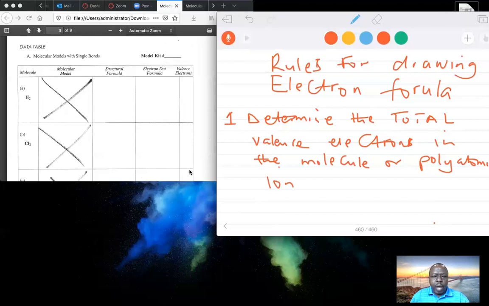Polyatomic ion is a group of atoms with an overall charge. So how are you going to determine the total number of valence electrons? By looking at the molecule.